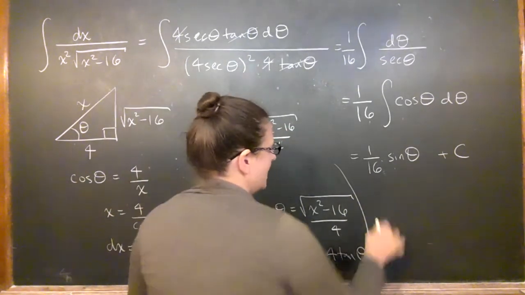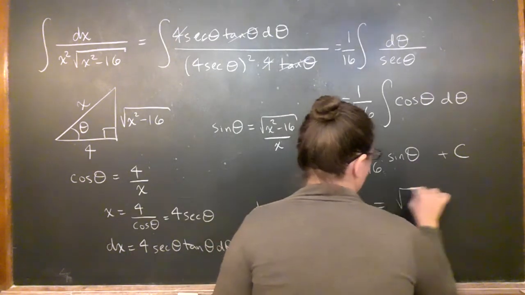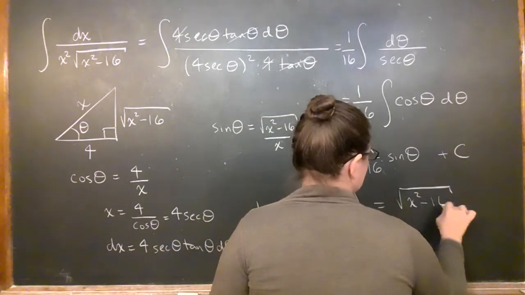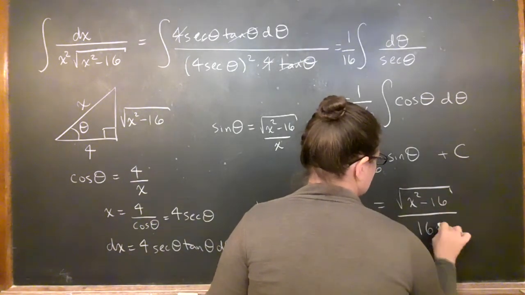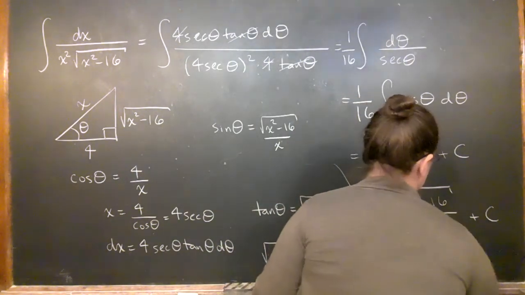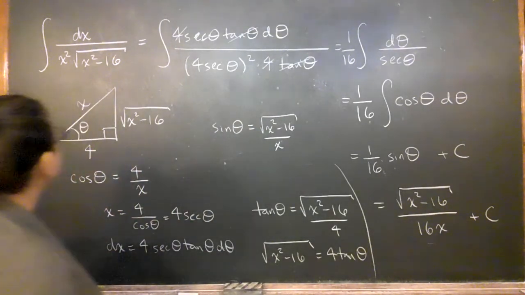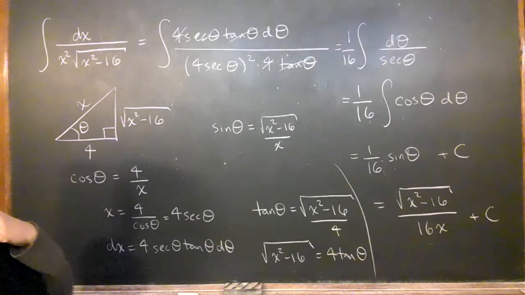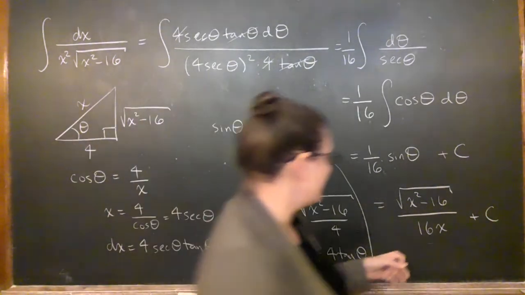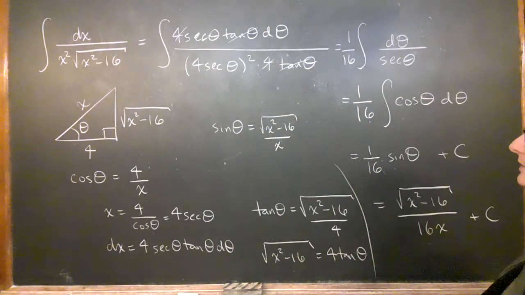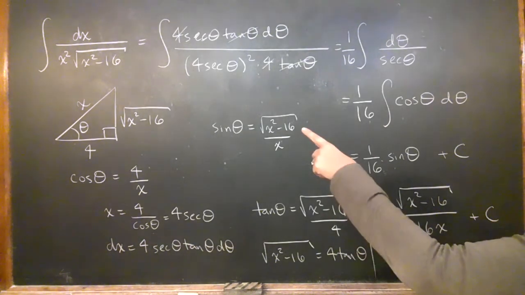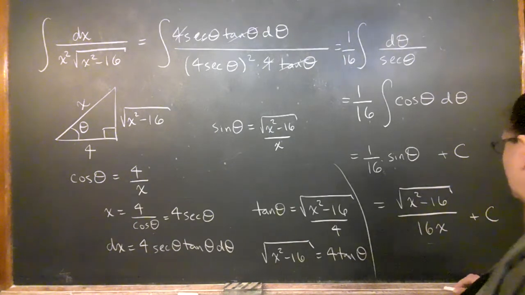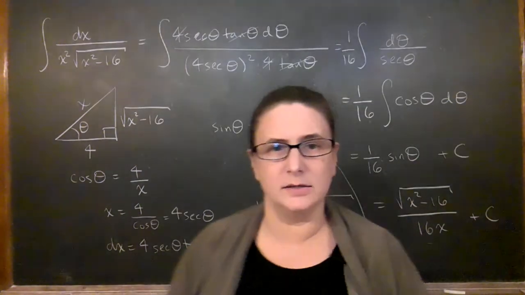And then finally, I get my answer, which is the square root of x squared minus 16 over 16x plus c. So if you wanted to check that, then of course you could always take the derivative of this and see that eventually you would get that, right? You have a little bit of work going on there with the quotient rule and everything, but it works out.